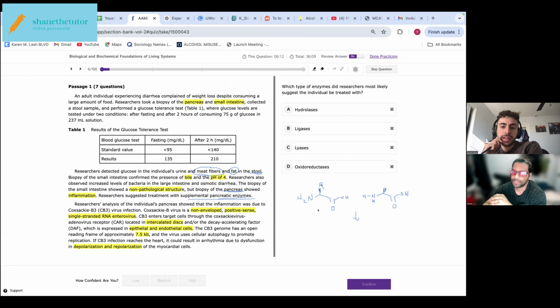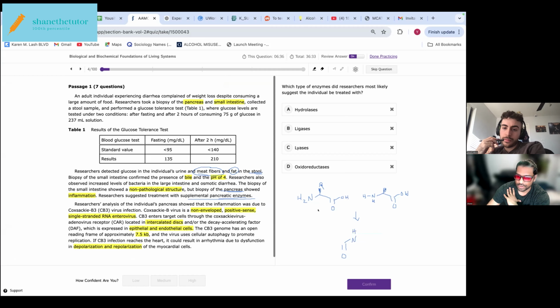Yes. So dehydration synthesis means you're combining these two amino acids with the loss of water, right? And then that produces your amide bond, which is the peptide bond.